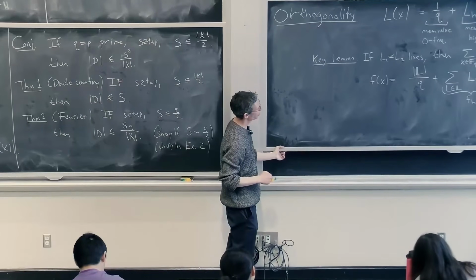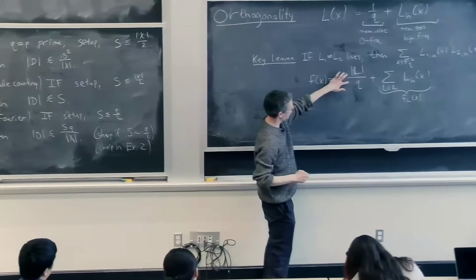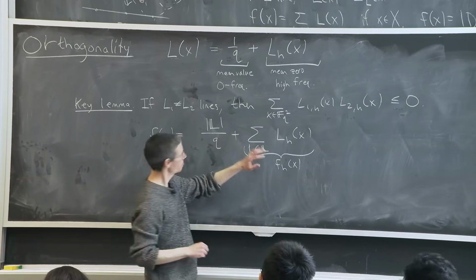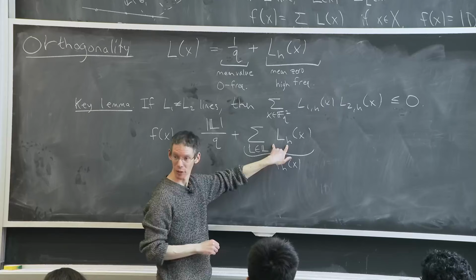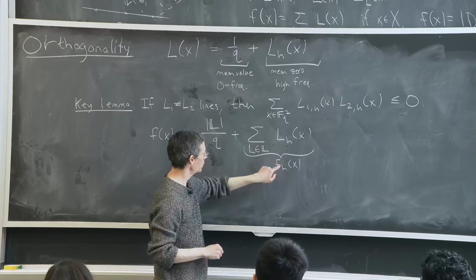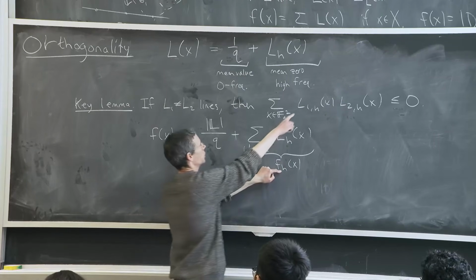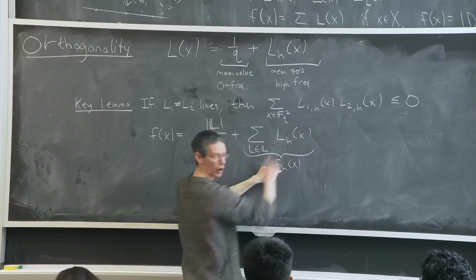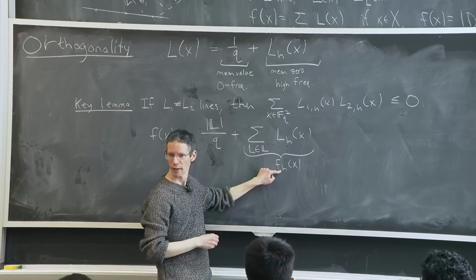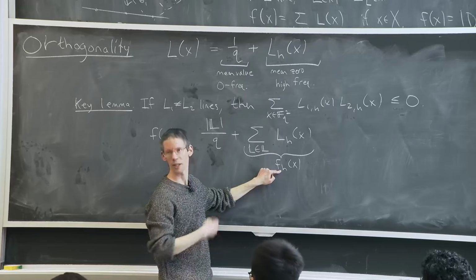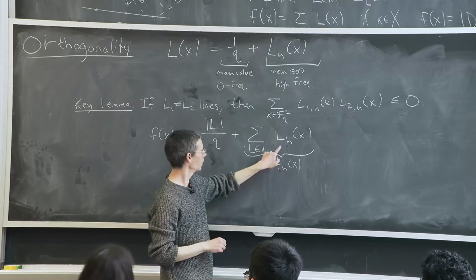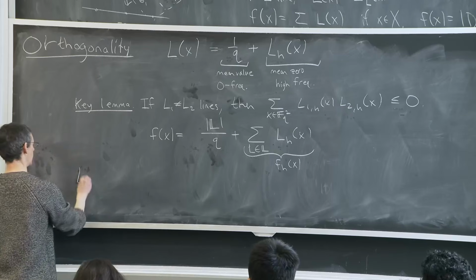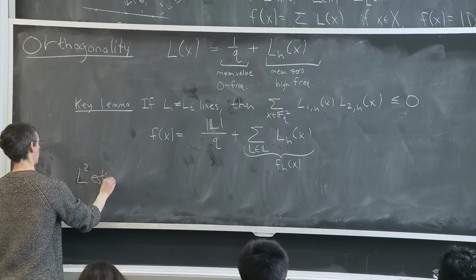So this part we understand quite well. We know exactly what it is. And so understanding this function boils down to understanding this part. And for understanding this part, we can use this orthogonality. We've written it as a sum of pieces that are each pretty simple, and they're orthogonal to each other. And so that lets us estimate quite well the L2 norm of this f h. So after the key lemma, there's the L2 estimate.